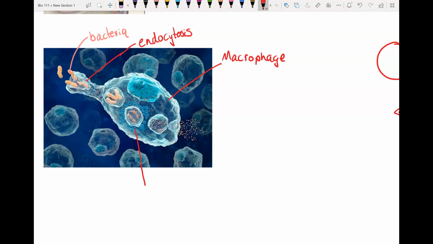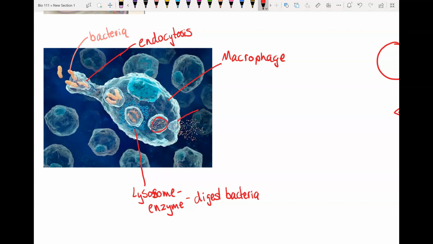These things, remember you learned about lysosomes already. They contain enzyme. They come along to that vesicle with the bacteria, they put the enzyme in there, and they digest the bacteria. So here you can see there's your digested bacteria.